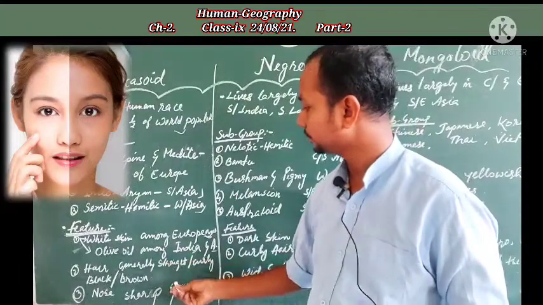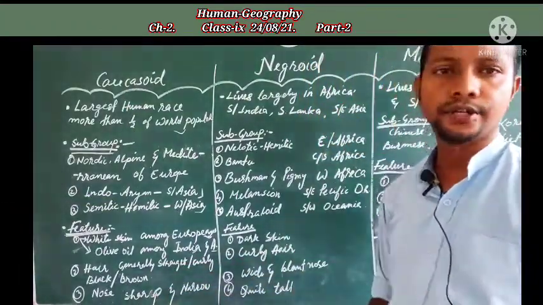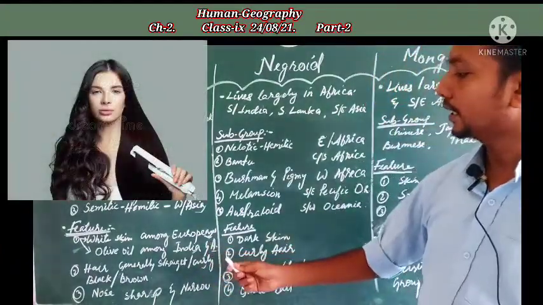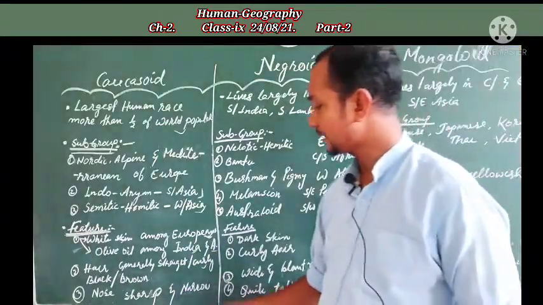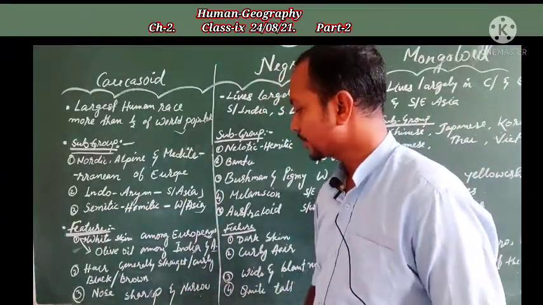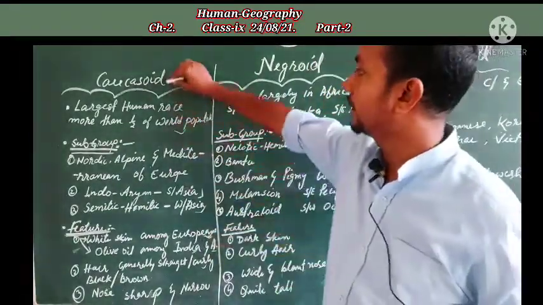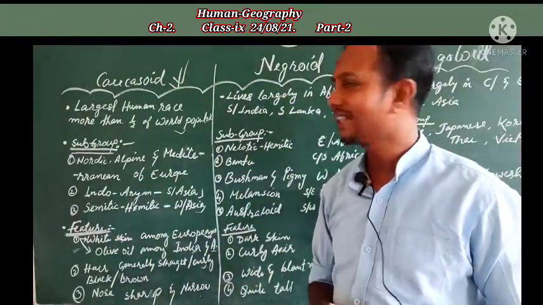As for the hair, it is generally straight, only partially found curly. The color of the hair is found in both black and brown. As for the nose, it is sharp and narrow. So this is all about this particular group, more or less.